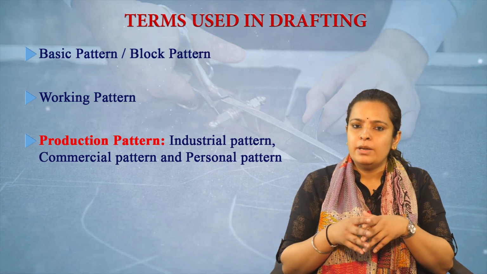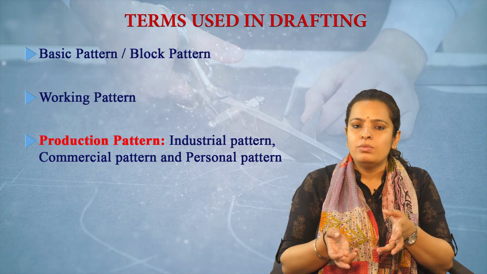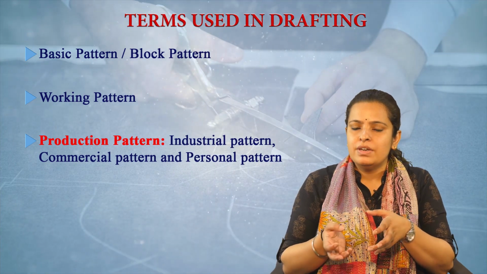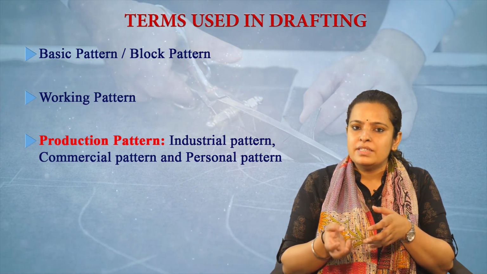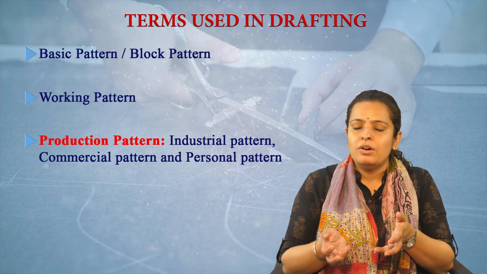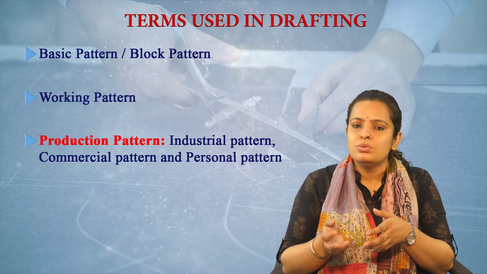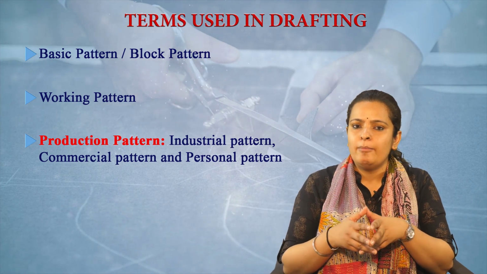Then we have the working pattern, which includes all the creativity, such as how much seam allowance there will be, and any particular design we want. If we want to manipulate the darts, we do that there. That point is called the working pattern.